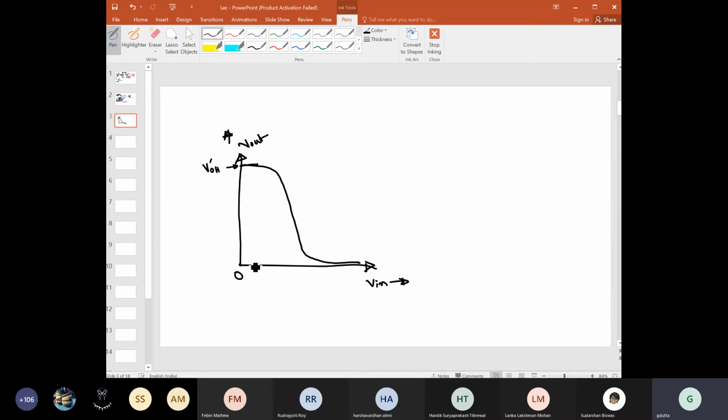And the minimum voltage that we are getting from this VTC, we say this is VOL dash, V output low. So please try to identify these 2 points as the maximum output voltage and minimum output voltage from this inverter.